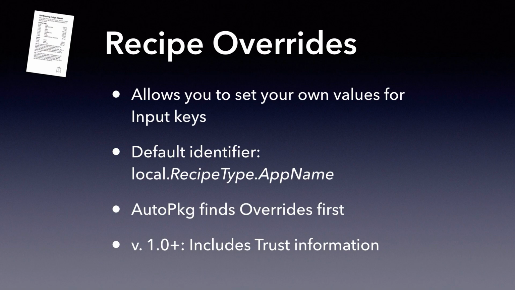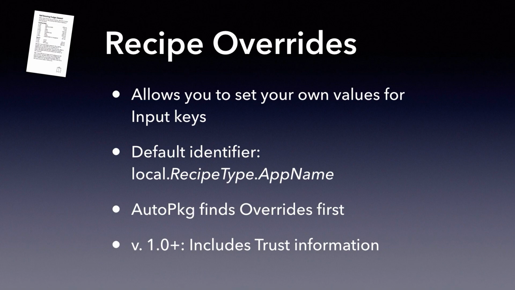You may need to set the override aside for a minute because it will search all overrides for your recipe name. Then it will search that special recipes folder that I mentioned, and then the repos in the project. So understand that that's the hierarchy. And as I mentioned, starting in 1.0, you get trust information.